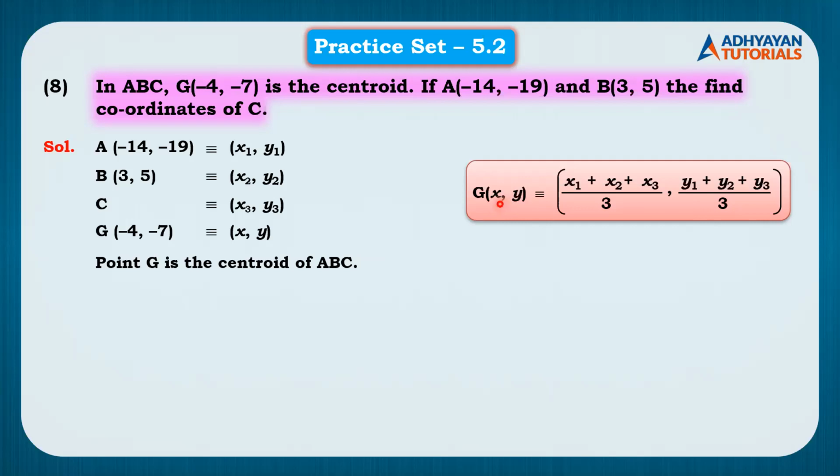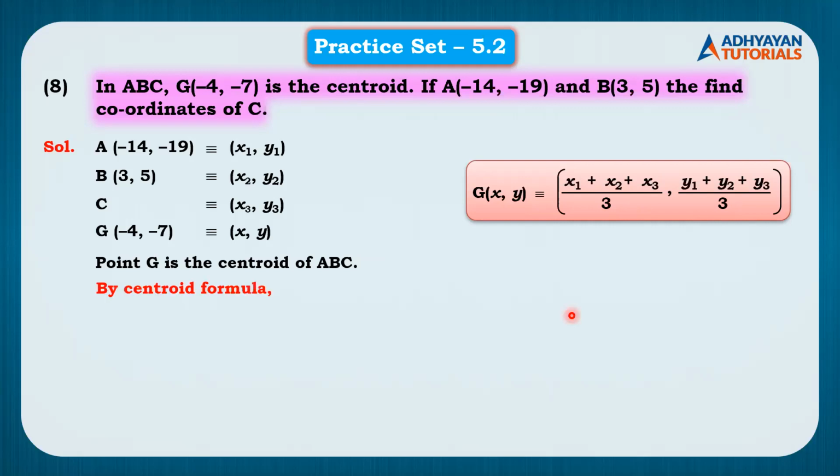So we are not finding the value of x and y, but we have to find the coordinates of x3 and y3. So we have to take the formula separately for x and separately for y. Don't club it like we normally do.